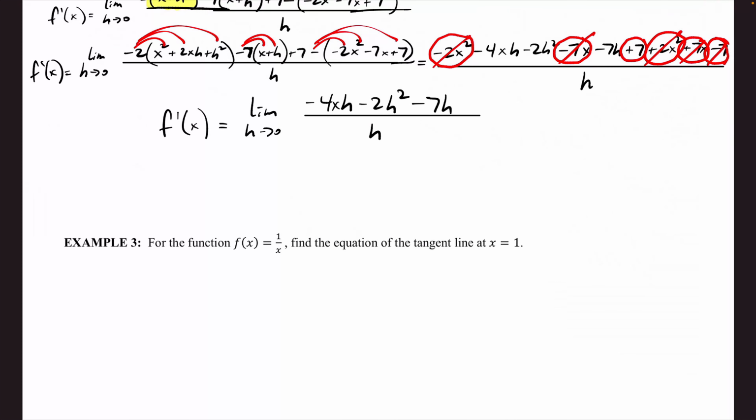What did we do after this? After we got 0 over 0 the second time on the first problem, what did we do after that? What do they all have in common? They all have an h in common, right? So let's factor out an h from the top. So that would be h times -4x minus 2h, because that one still has an h, minus 7, over h.